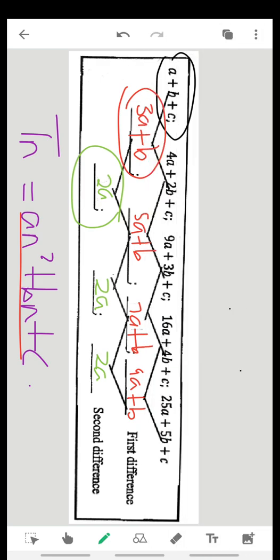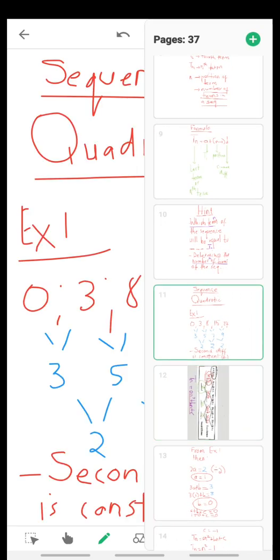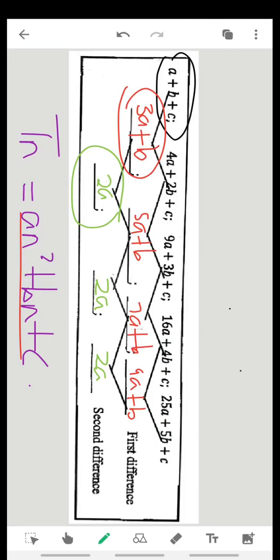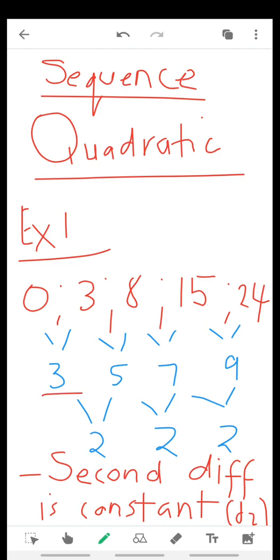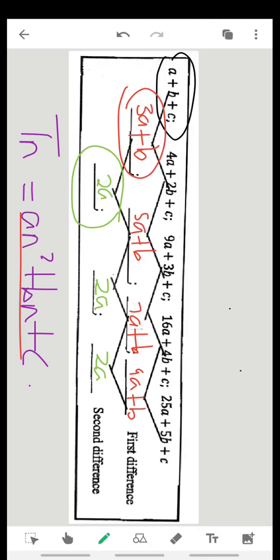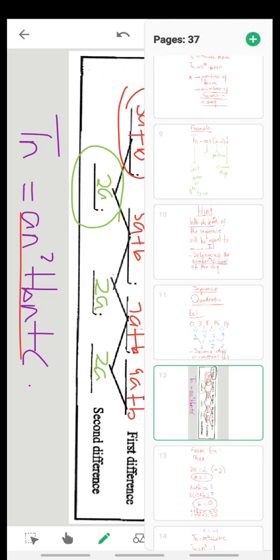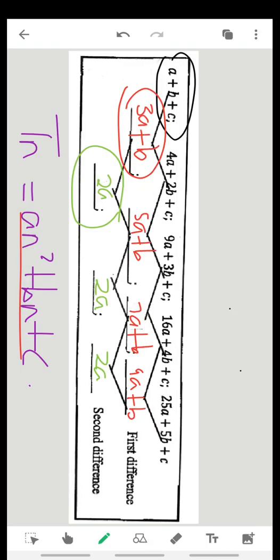We notice that 0 from example 1 is at the same position as our A plus B plus C. And this 3 here is at the same position as our 3A plus B. And lastly, the 2, the second difference, is at the same position as our 2A.